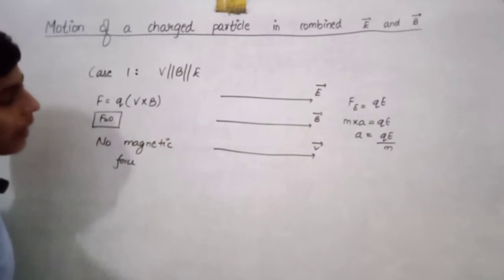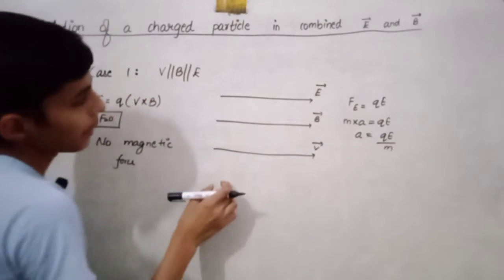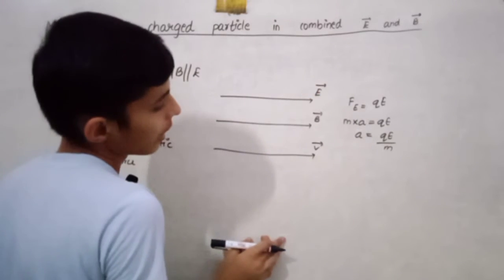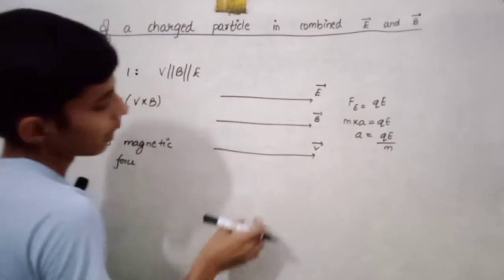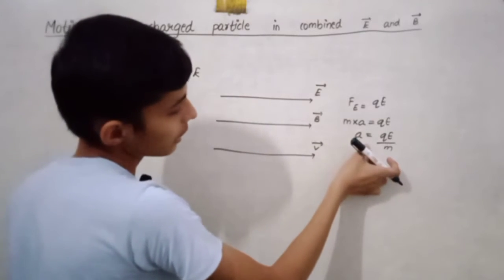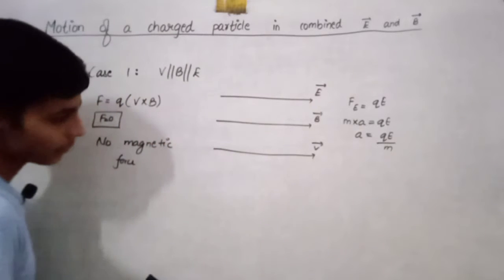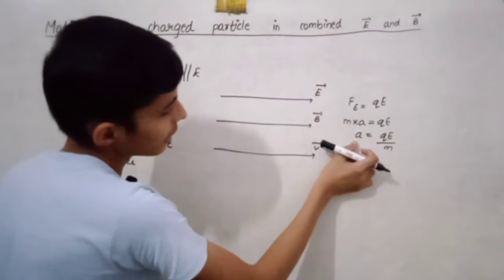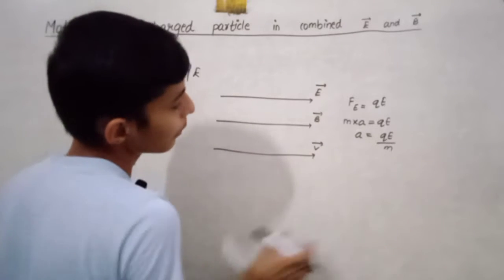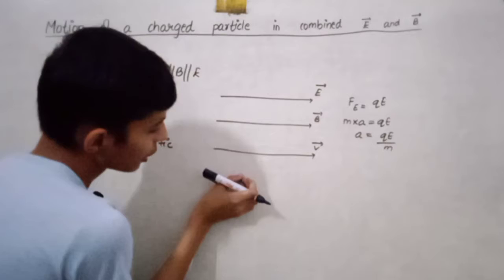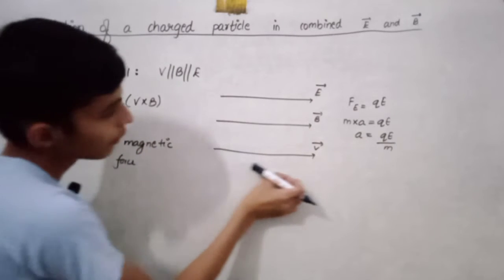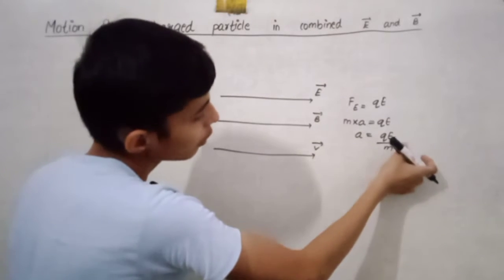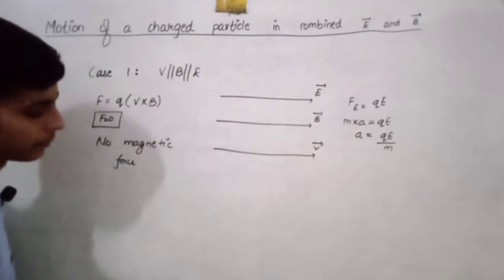So a charge simply moves in the direction of electric field with an acceleration of magnitude QE divided by m.